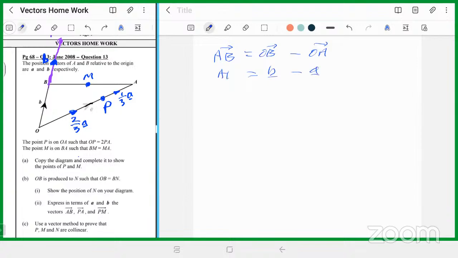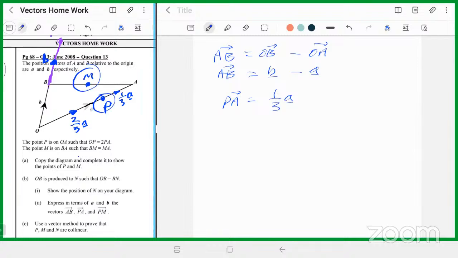That's the vector AB. Done. Then I want the vector PA. We worked that out already, right here. PA became 1/3 A. It's on the diagram.